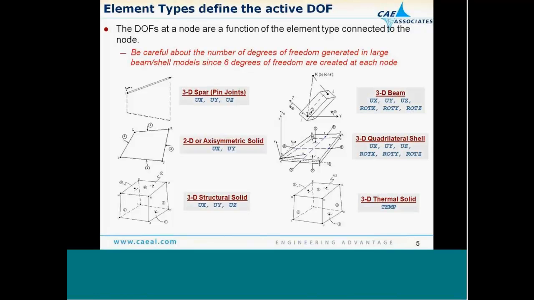So one of the things to be a little careful about when you're running very large models is that if you're using, for instance, a lumped mass element, or if you've got beams and shells, just be aware that they carry extra degrees of freedom. And if you take, for instance, a mass with rotary inertia, you're adding additional degrees of freedom there. And if those aren't necessary, you may want to choose the key option that keeps those elements to just the translational degrees of freedom.